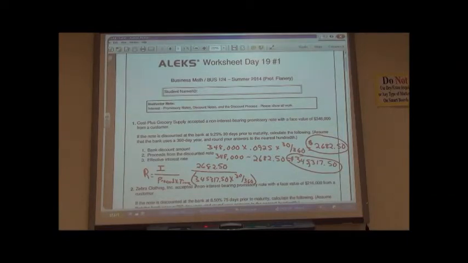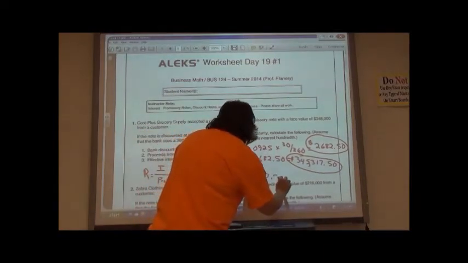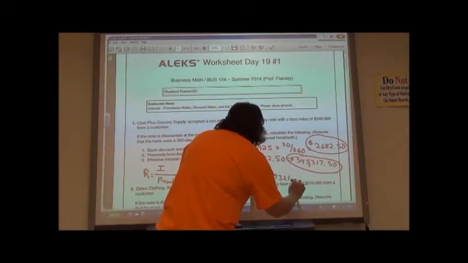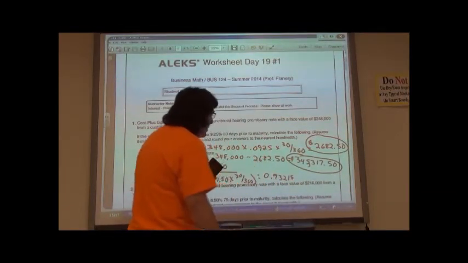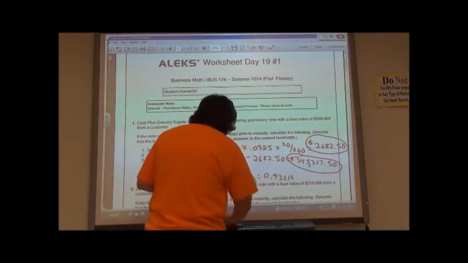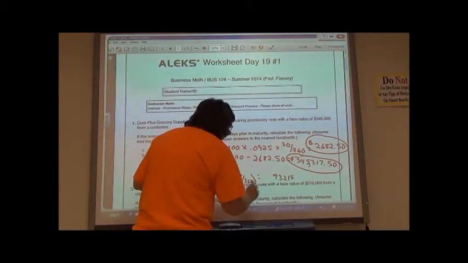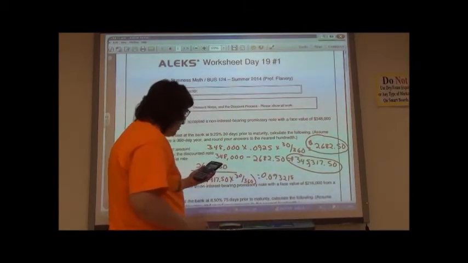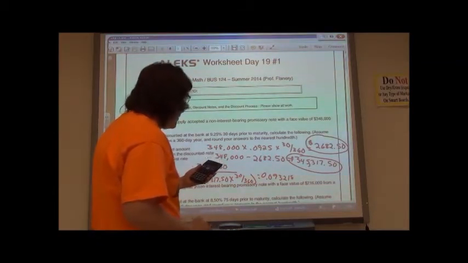So we're going to take 2,682.50 divided by parentheses 345,317.50 times 30 divided by 360, close my parentheses, and I hit equals, and I get 0.0932218.